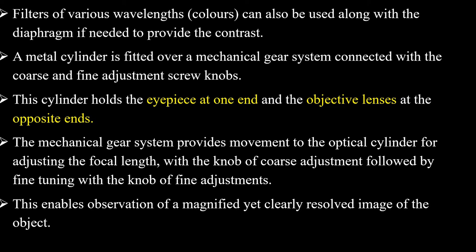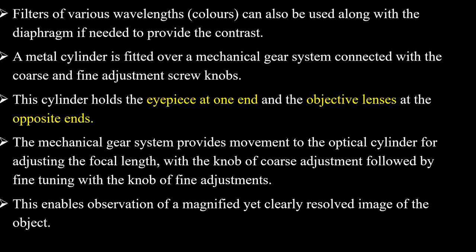Filters of various wavelengths, that is colors, can also be used along with the diaphragm if needed to provide contrast. A metal cylinder is fitted over a mechanical gear system connected with coarse and fine adjustment screw knobs. This cylinder holds the eyepiece at one end and objective lenses at the opposite end for giving a clear picture of the object.